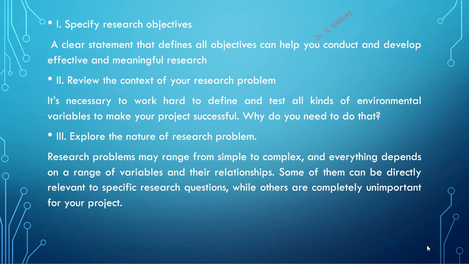And the second process is to review the context of your research problem. It is necessary to work hard to define and test all kinds of environmental variables to make your project successful. Because secondary data, that is review of literature, gives you a clear understanding of what kind of things we have to consider.